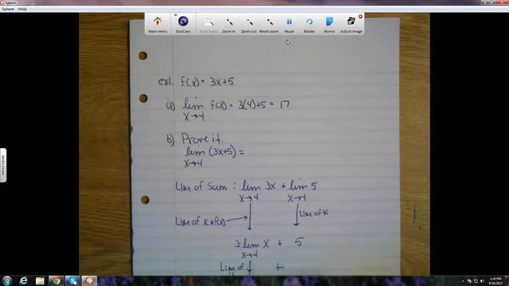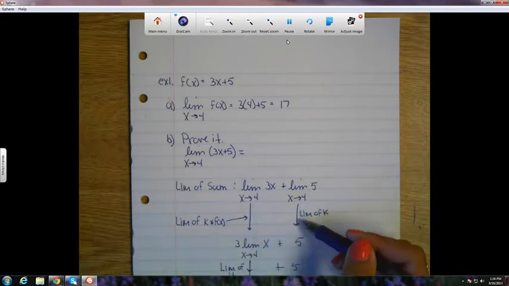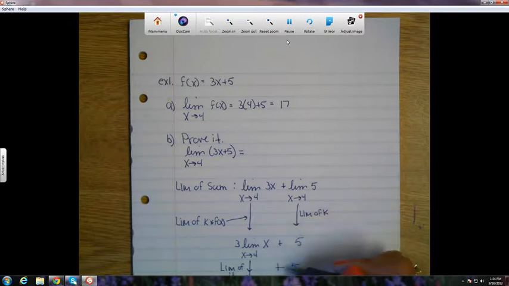Well, actually, not 3 times x, 3 times 4. I'll put the 4 in. And then this one's 5 that I'm just carrying down. So now I'm at the spot where I've gotten rid of all the limits, and now I just have the algebra. 3 times 4 is 12, plus 5 is 17. So each step down needs a property to simplify it until you get it down to the concept, then you just carry it along.